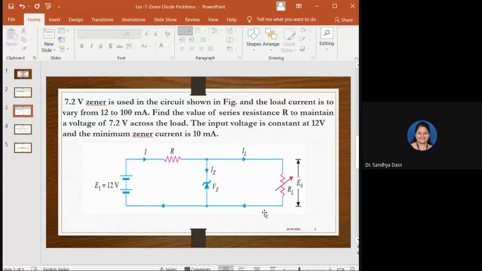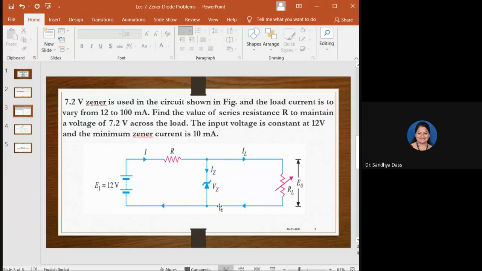Now, point number two, I want to bring to your notice. Yesterday, I observed that you have the Zener diode here, and RL is connected in parallel with the Zener diode. If I'm saying the Zener diode has constant voltage across its terminals, meaning across anode and cathode, and RL is connected in parallel with this Zener diode, then the voltage measured at these two terminals will also be the same.